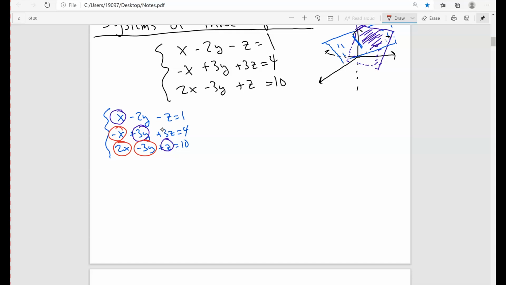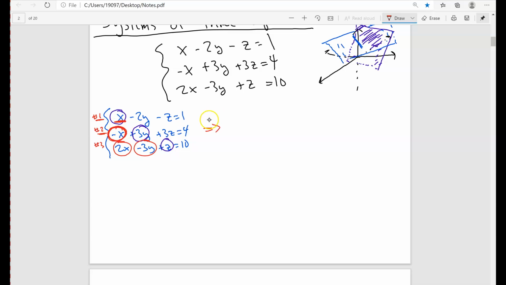So the way that I'm going to do it, think about the equation. So let's say this is equation number 1, equation number 2, and equation number 3. So I'm going to use equation number 1, so this x, to eliminate the other two. So how am I going to do that? Well, one of the things that I can do is that I can add equation 1 and equation 2 together, because then this is going to go to 0.